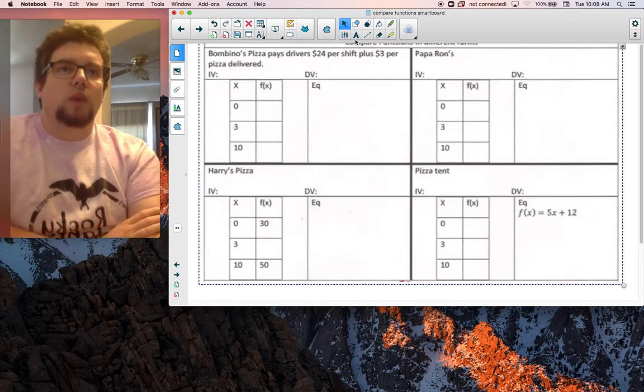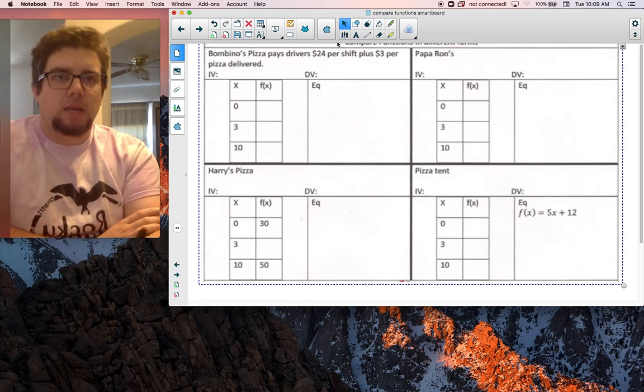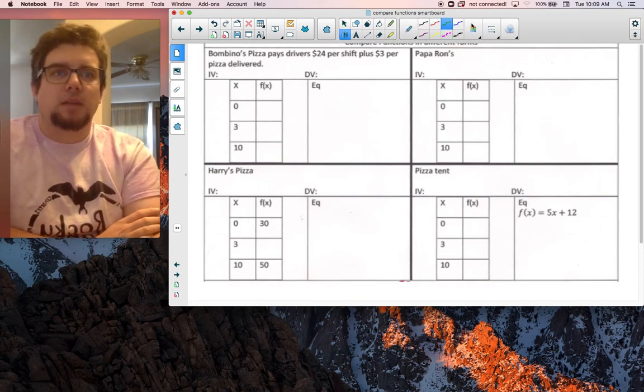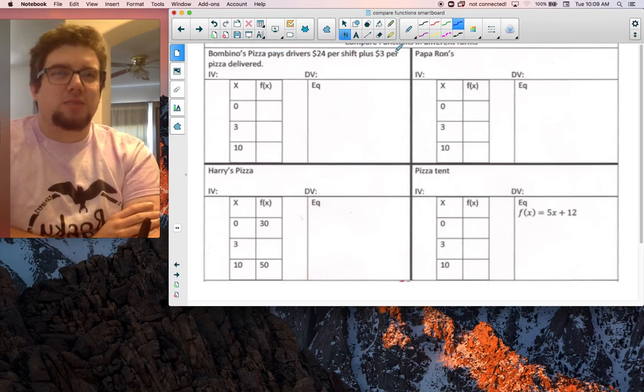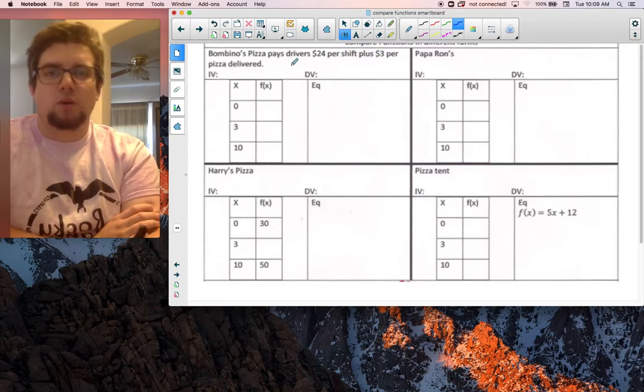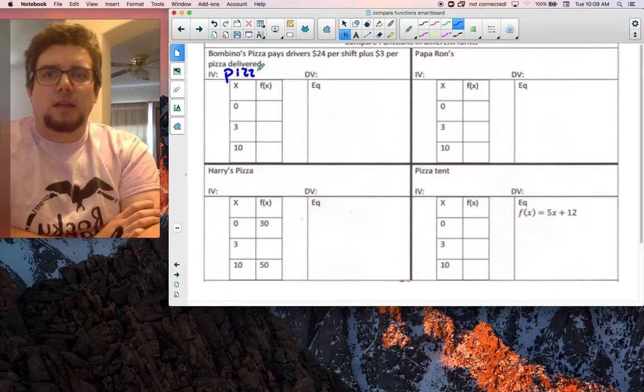Let's start with Domino's just because it's up here in the top left. All right. So Domino's Pizza pays drivers $24 per shift plus $3 per pizza delivered. So the independent variable and the dependent variable have been established within our words here. The independent variable are the pizzas.